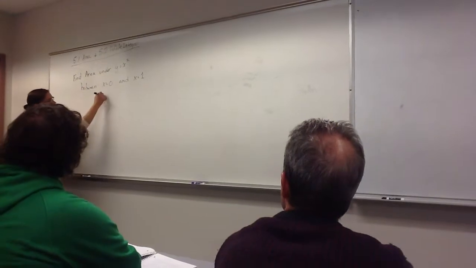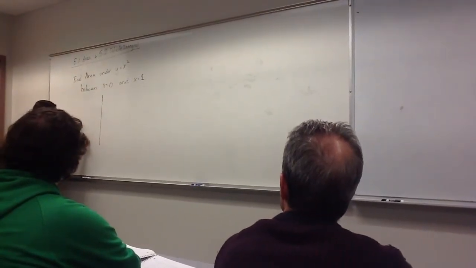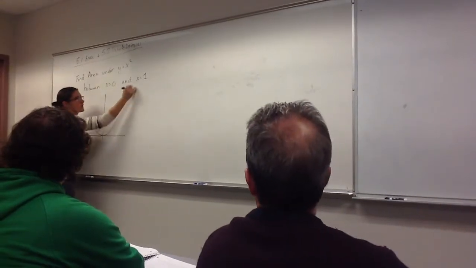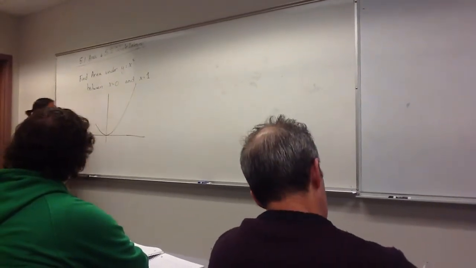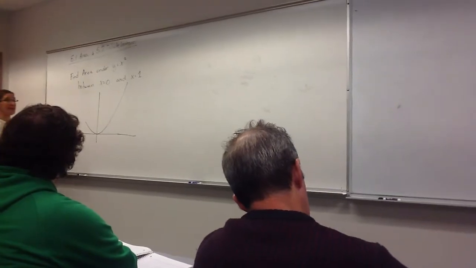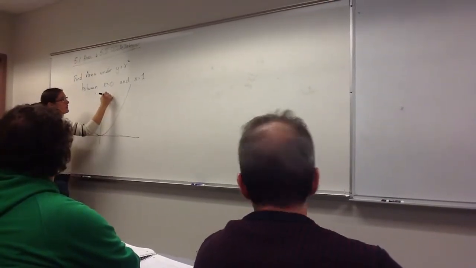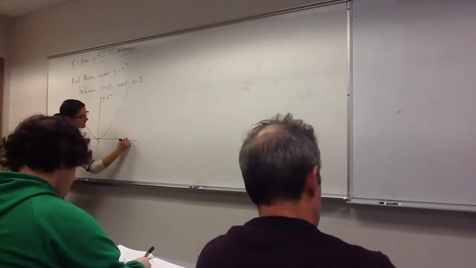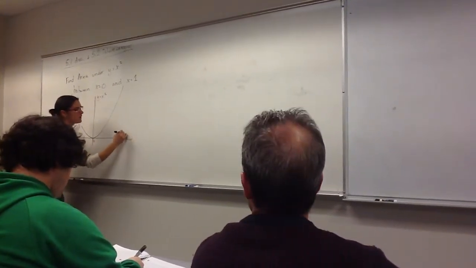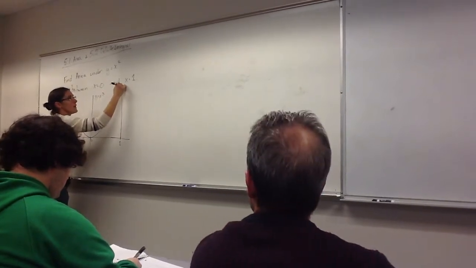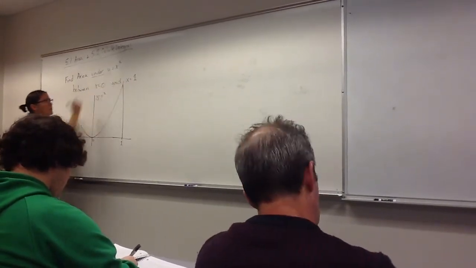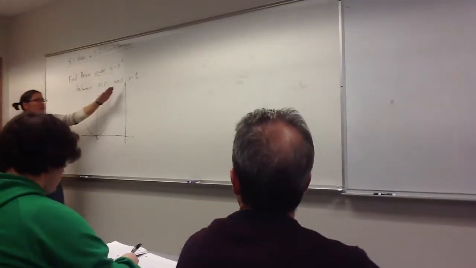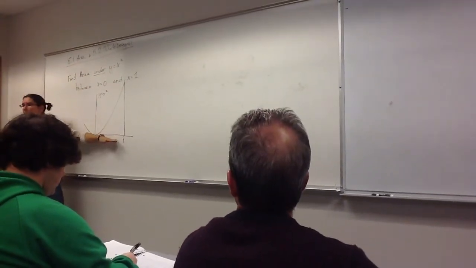Now, y equals x squared, I know what that looks like. That's a parabola. Looks something like this. And if I want to find the area under y equals x squared between x equals 0 and x is equal to 1, even though I'm using the word under, the real meaning is that I'm finding the area under this curve y equals x squared but above the x-axis.